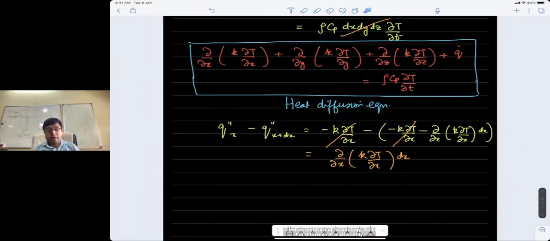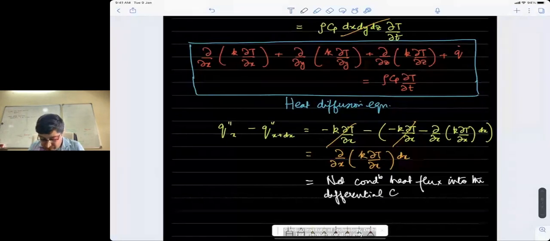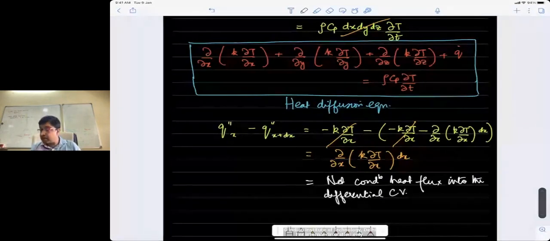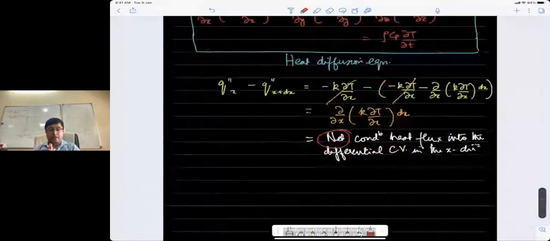So what it's saying is the net, and by the way, I'm saying net here, okay, this is the net conduction heat flux into the differential CV. So net is the main word here, that we're dealing with net heat flux.